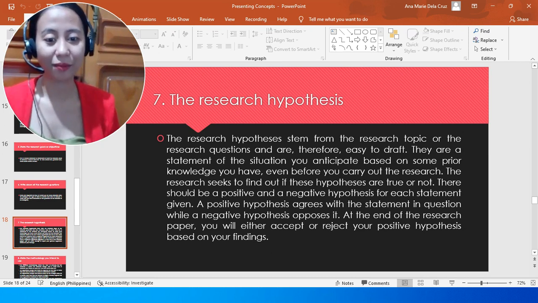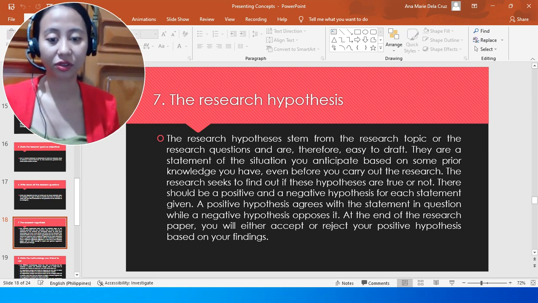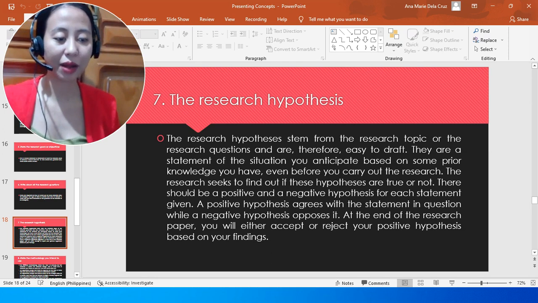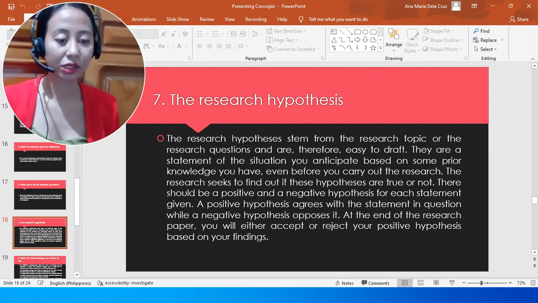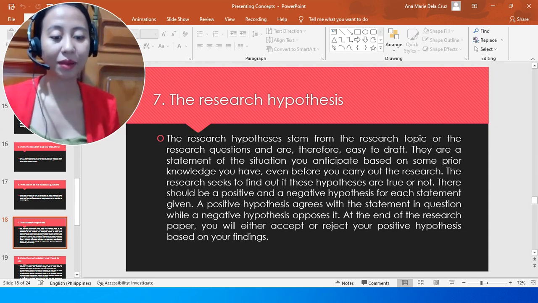Ano yung mga alam mo about that. Even before you carry out the research. Even before, bago ka pa magkaroon ng curiosity, bago mo pa makapag-build ng questions mo, okay? Dapat may ilagay mo doon yung nasa educated guess mo or hypothesis mo, yung knowledge mo about doon.